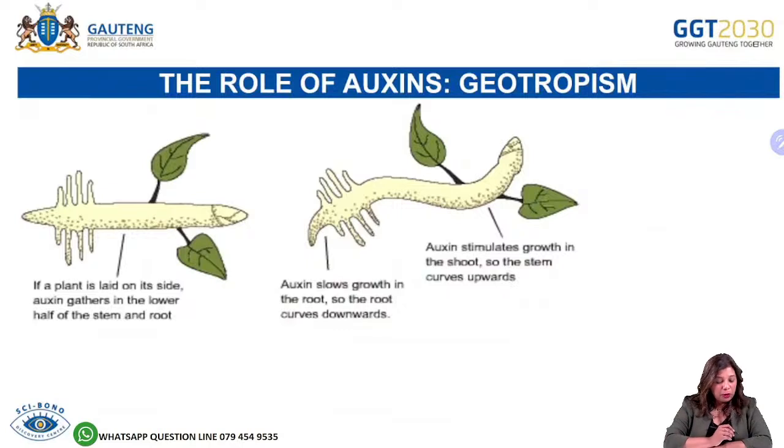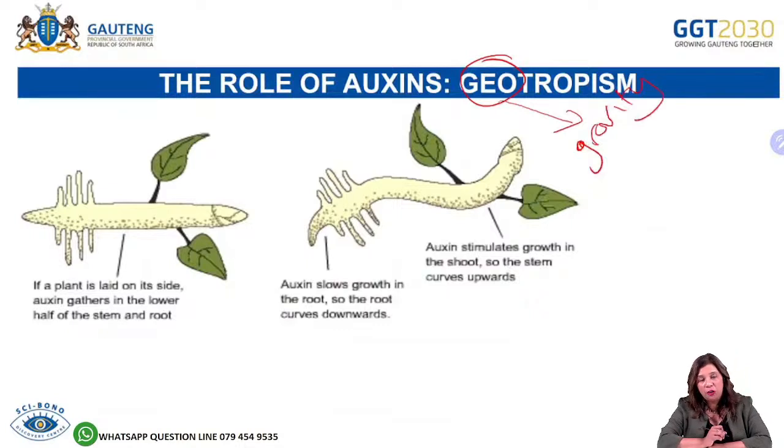So if you look at this, you're probably wondering, okay, this is geotropism. This is when there is growth that occurs towards a stimulus, and the stimulus is gravity. Geo comes from the word gravity. Tropism, so what does this tell you already in the name?